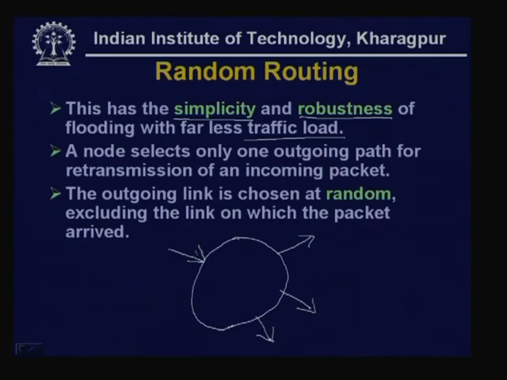As we have seen, in flooding, if a packet is received here, it is forwarded on all the links except the one through which it has been received. But in random routing, that is not done. The outgoing link is chosen at random, excluding the link on which the packet has arrived. That means, it is not sent through this path, but not only that, it sends through only one of the three paths, chosen at random.